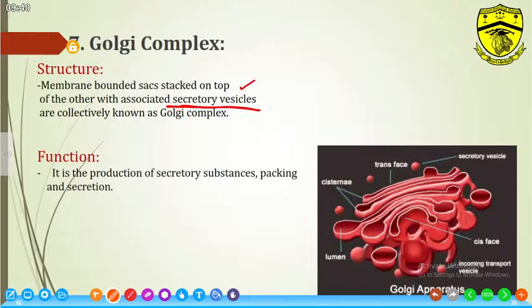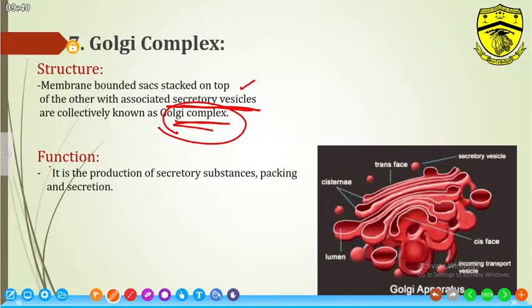The secretory vesicles are present on it. So that is collectively known as a Golgi complex. We call the membrane bounded sacs stacked on top of the other with associated secretory vesicles collectively the Golgi complex.